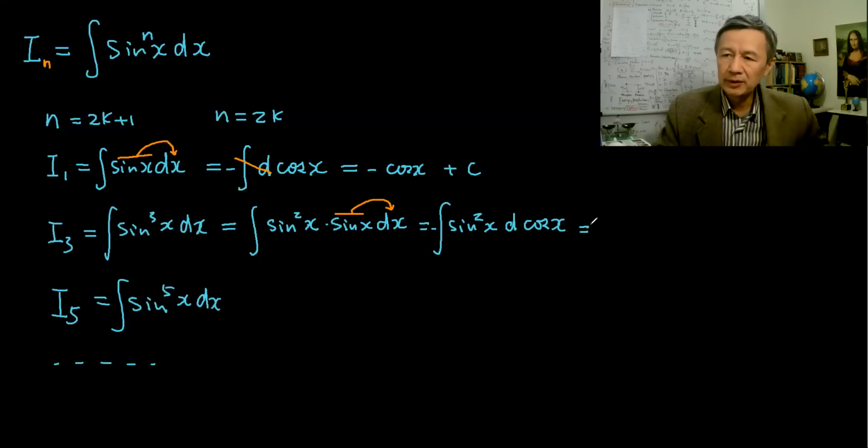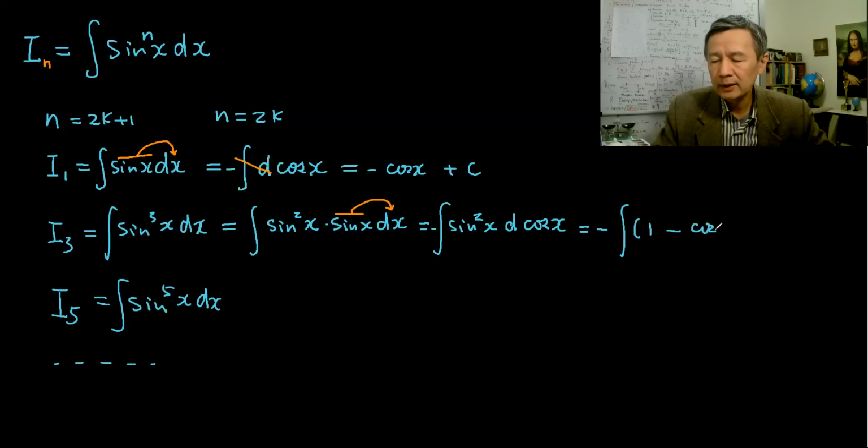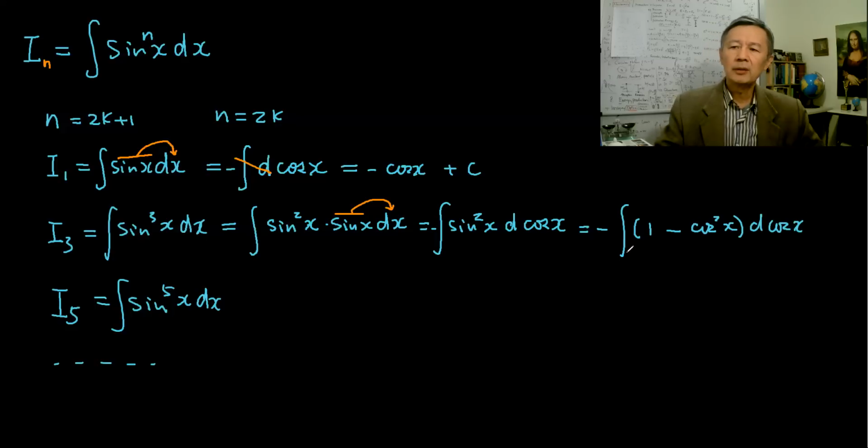Next is just using the Pythagorean theorem to rewrite sine squared in terms of cosine x. So that integral will become 1 minus cosine squared x d cosine x. So the rest is simple.